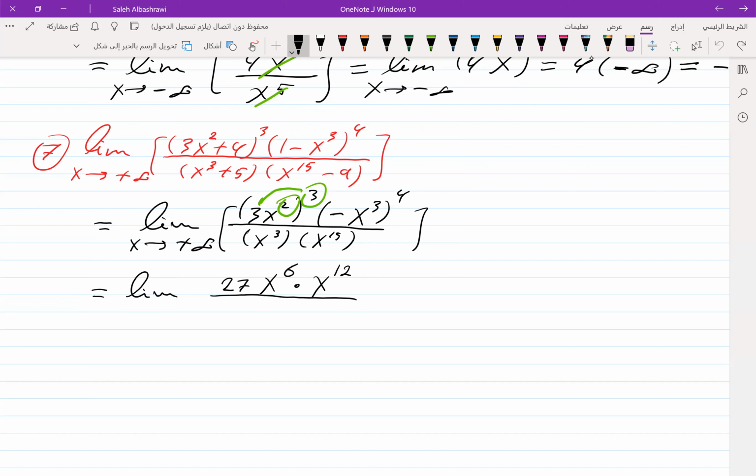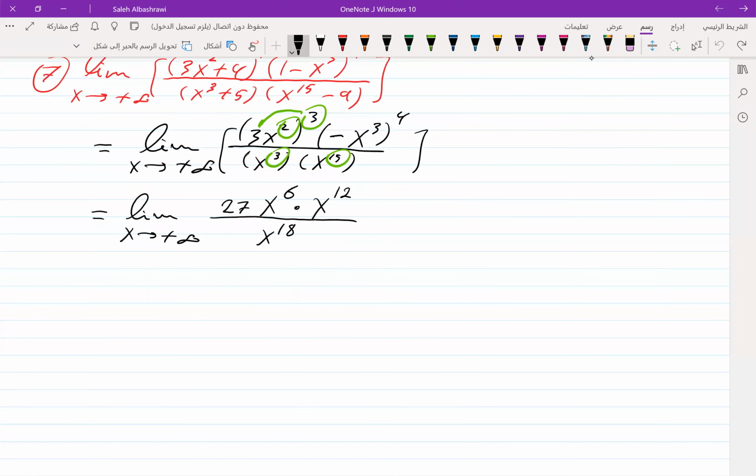So this will be x to the power 12 divided by x to the power 3 multiplied by x to the power 15. For the multiplication, we add the powers: 15 plus 3 gives me x to the power 18.